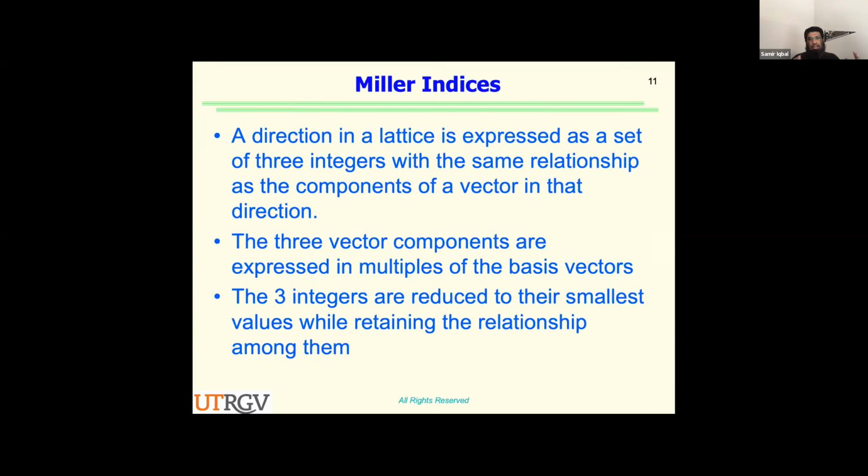Now, Miller indices give us three numbers, H, K, L, which tell us exactly in 3D space the location of one plane, then the other plane, right? So you can see two planes behind me.